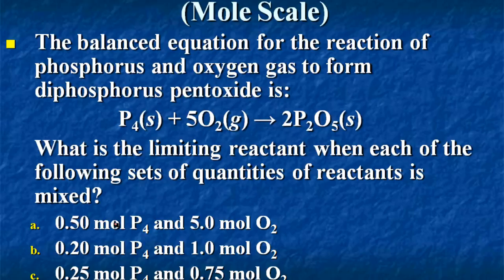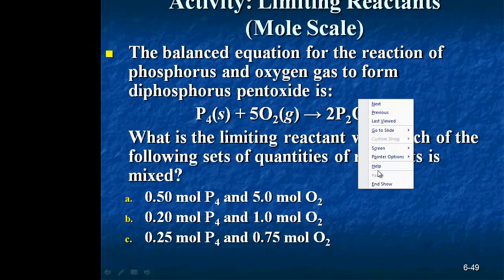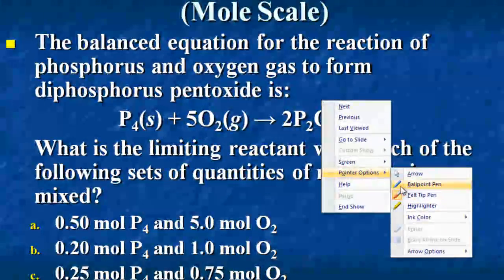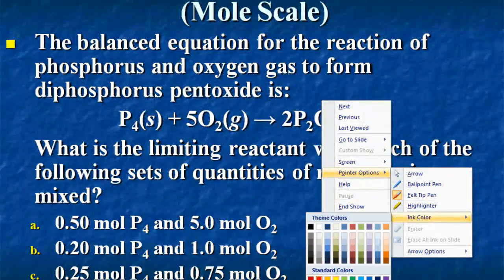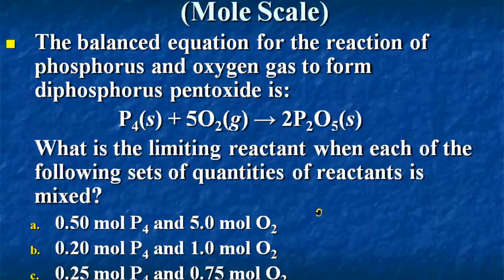So you are given 0.5 moles of P4 and you calculate for 0.5 moles of P4, how many moles of oxygen you actually need using the mole ratio.